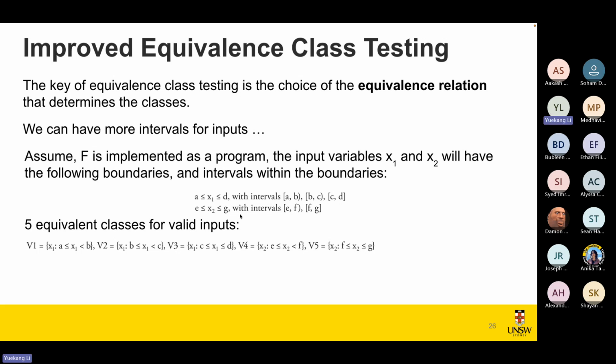So for valid inputs, we can have 5 valid intervals, which are quite natural, which is just the 5 intervals here. And how many invalid intervals do you think we can have in this case?